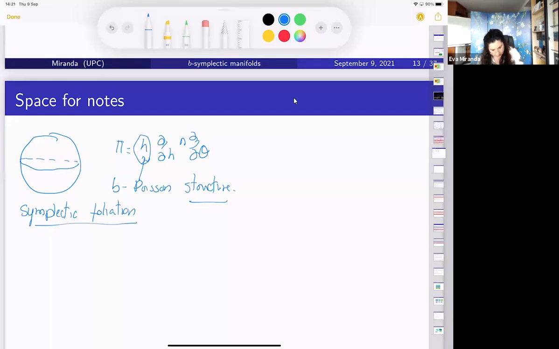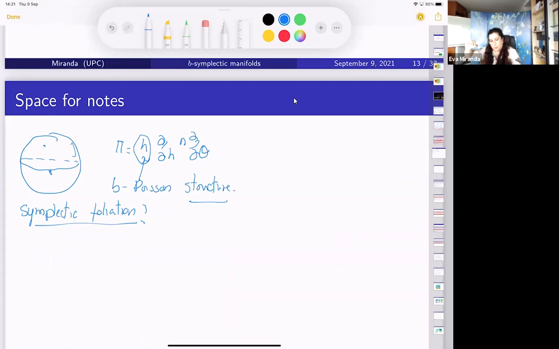As it's Poisson, maybe I can describe the symplectic foliation. Marcello. So let's think. If I'm here, I'm away from this critical set. So this h is going to be positive. This means that this is going to be like an area. You agree with me? Yes.